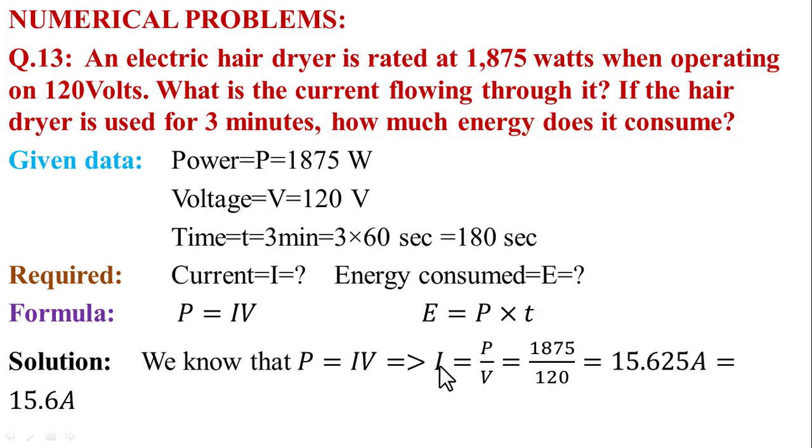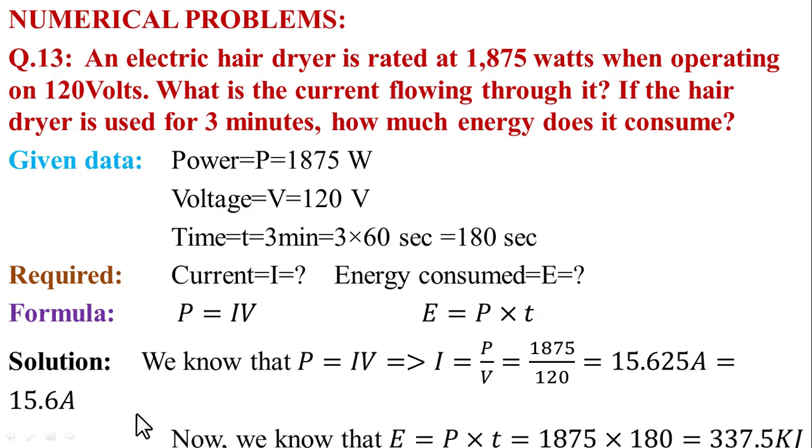That is, I is equal to P upon V, which is equal to 1875 divided by 120. That is equal to 15.625 ampere. Or we can say that current I is equal to 15.6 ampere.